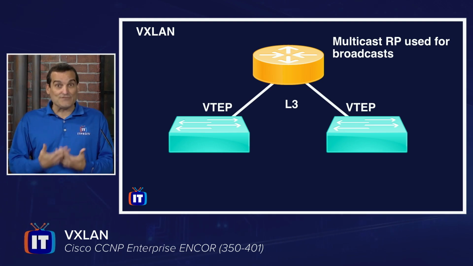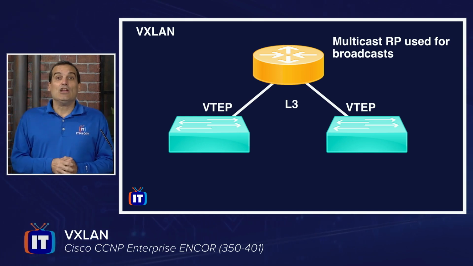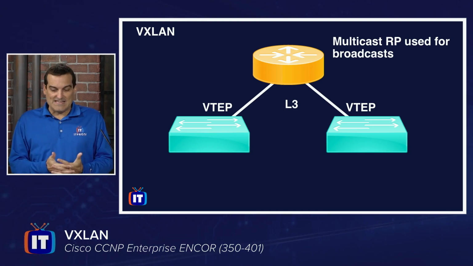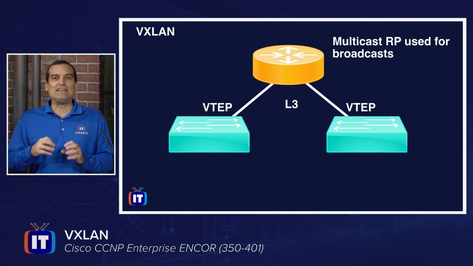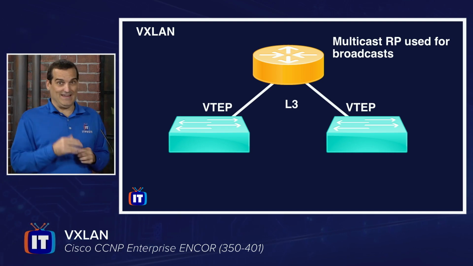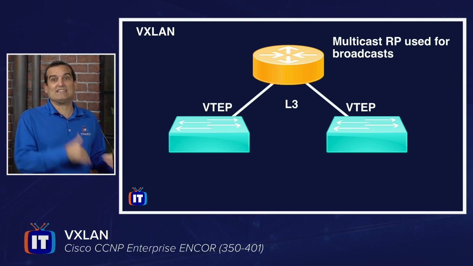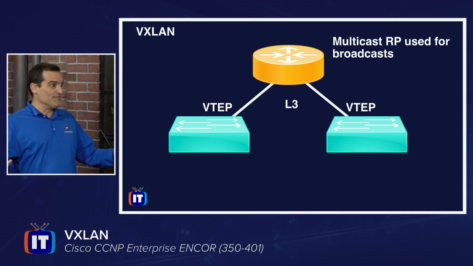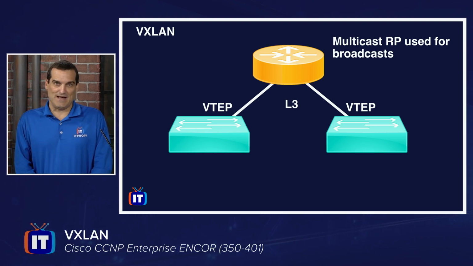Well, how they solved this in the VXLAN design of SD-Access is there's a flood option, but it's not used all that often. Instead, we use multicast. We use a multicast rendezvous point approach up in the spine, and that can be used anytime one of the machines in the VXLAN topology needs to communicate to all of the other machines. When I learned about this, I just had the biggest smile on my face.